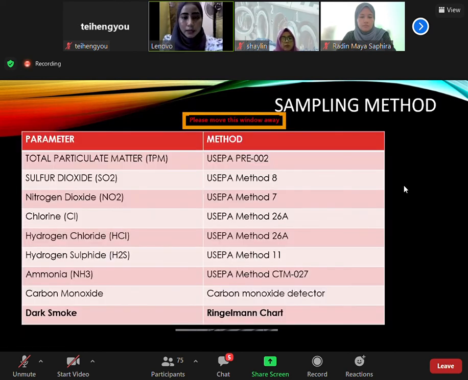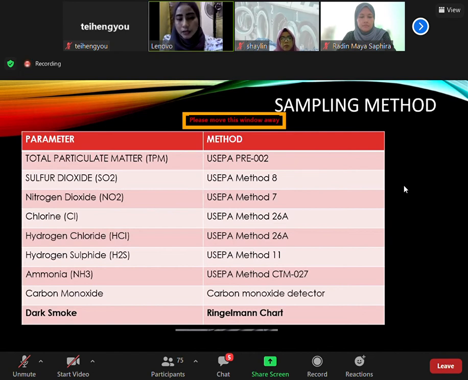So yang ini method yang kita gunakan untuk calculate concentration setiap gases tu. Okay, macam CPM kita akan pakai US EPA 3002. Kalau macam sulfur dioxide kita pakai US EPA method 8. Nitrogen dioxide US EPA method 7.